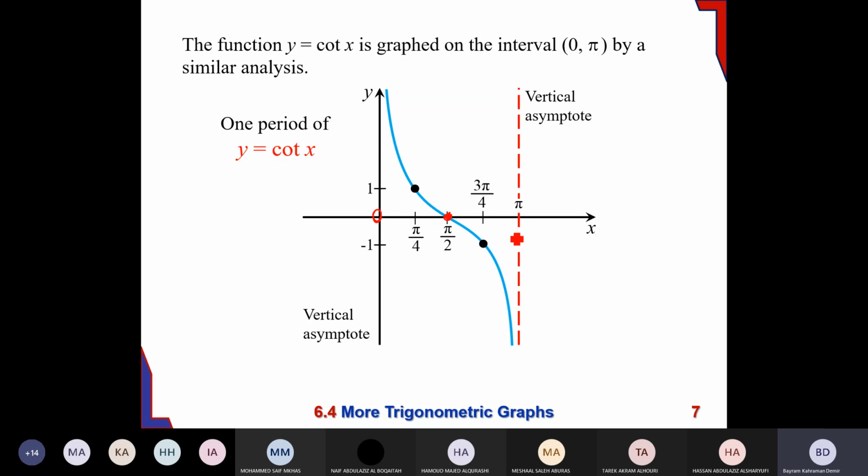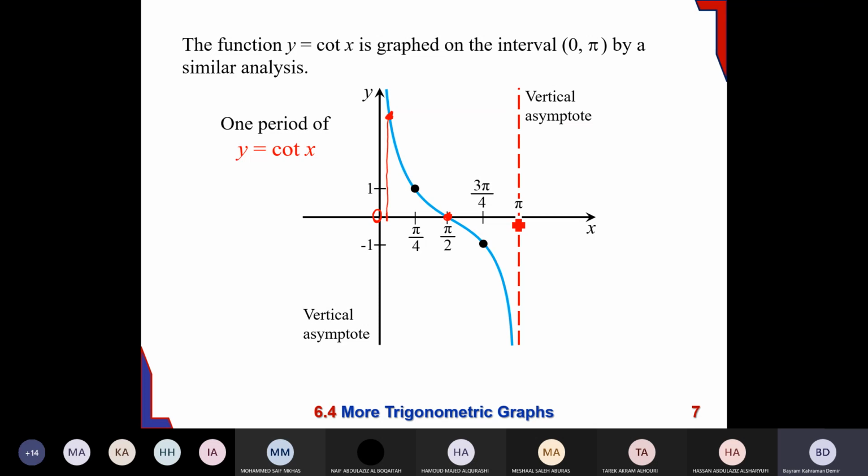All right, again, when you come closer to 0, Shabab, cotangent will get large values. As you get closer and closer to 0, cotangent will not stop and goes to infinity.